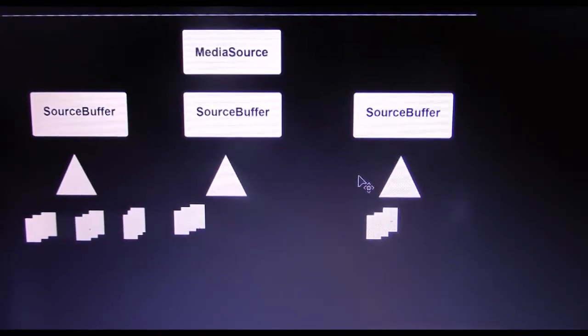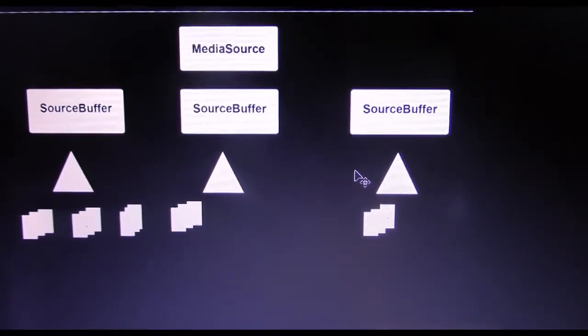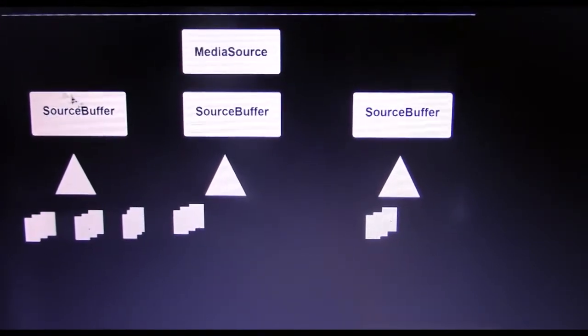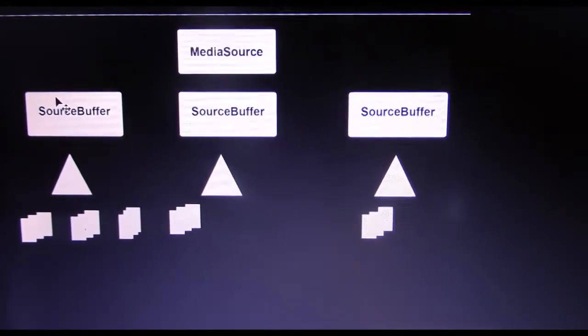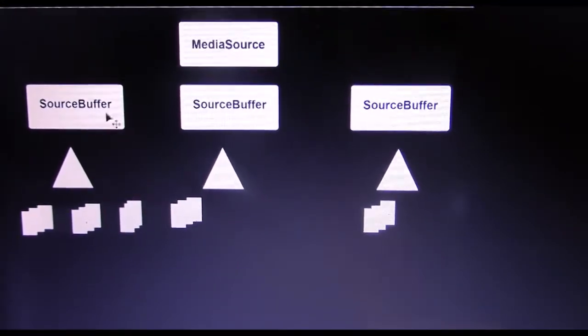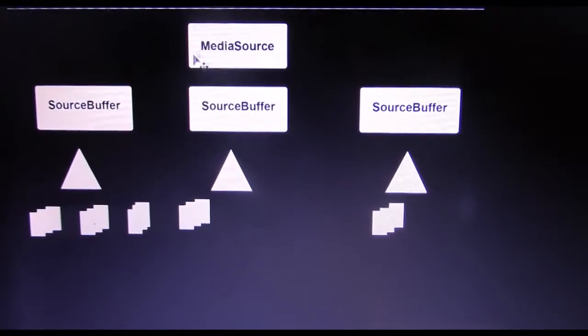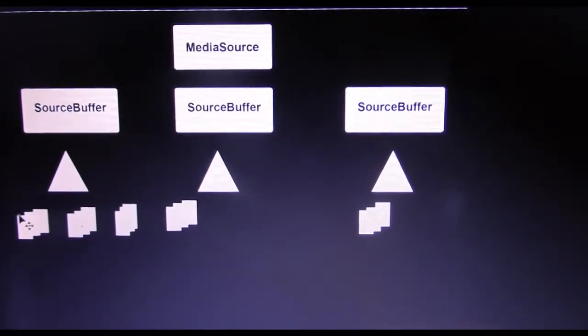Depending on the number of tracks on the media segments that we will be appending to this source buffer, the source buffer object added to the media source instance may be required to create one or multiple track buffers inside it.